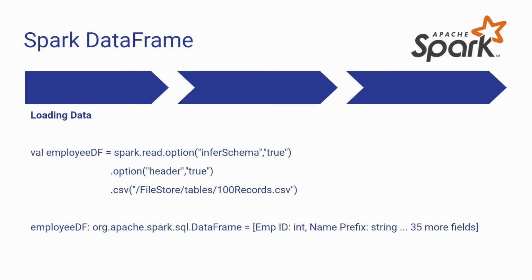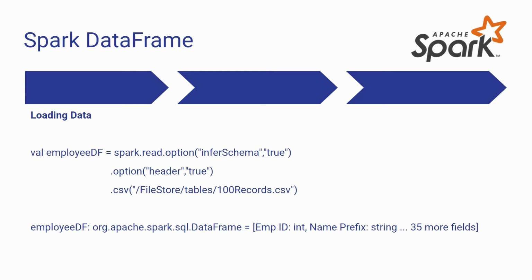So let's see how we can load data into a Spark data frame. In this video we will see an example, employeeDF, which is an employee data frame. We are creating val employeeDF, a variable, equal to spark.read.option.